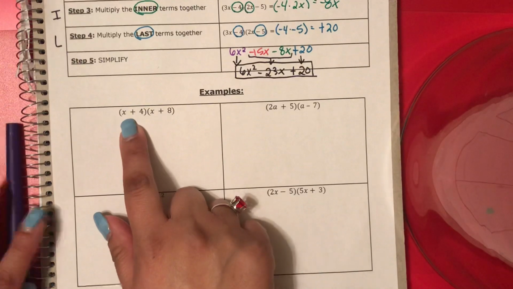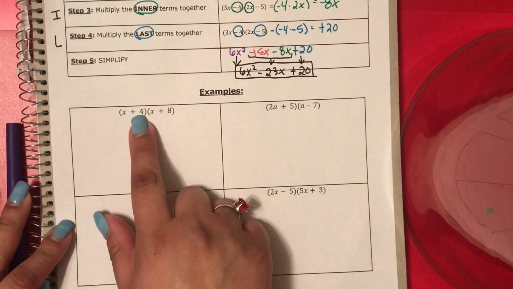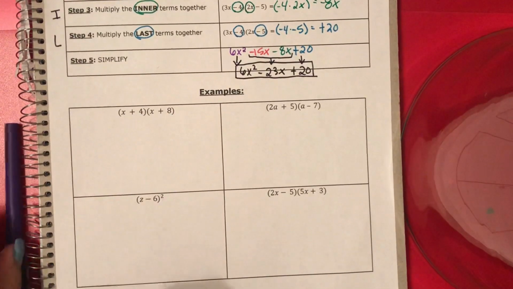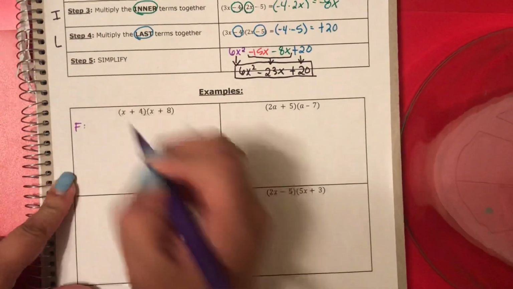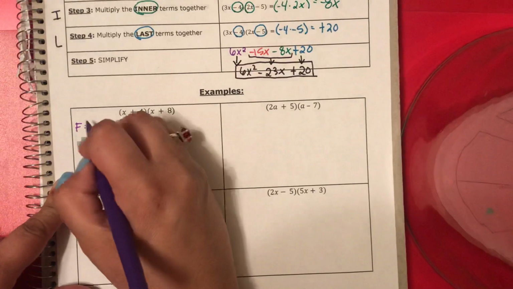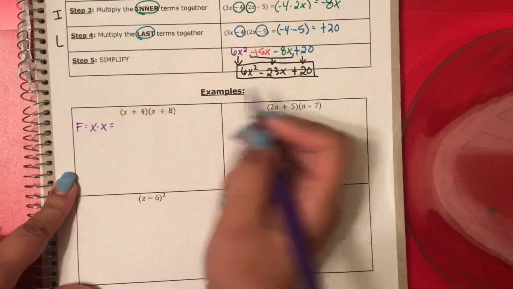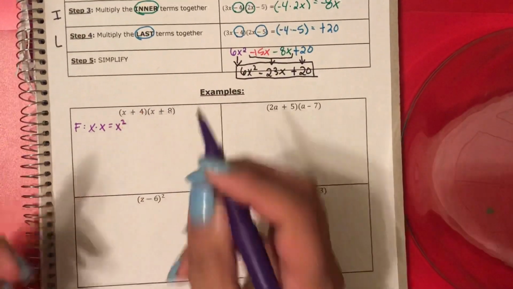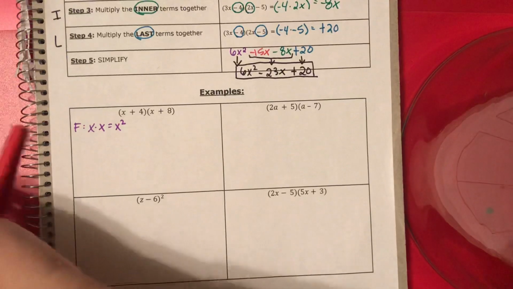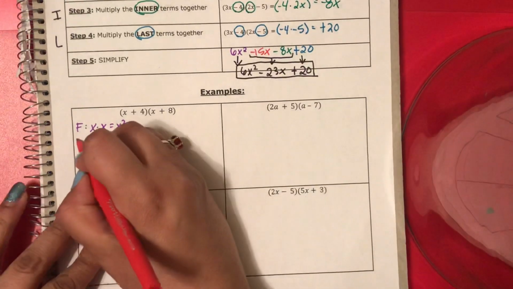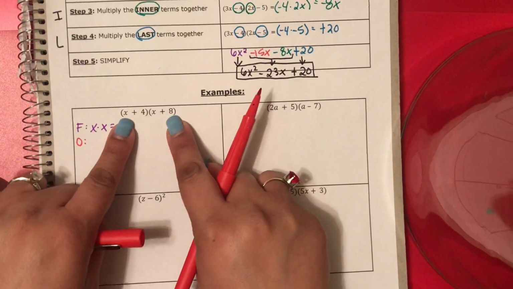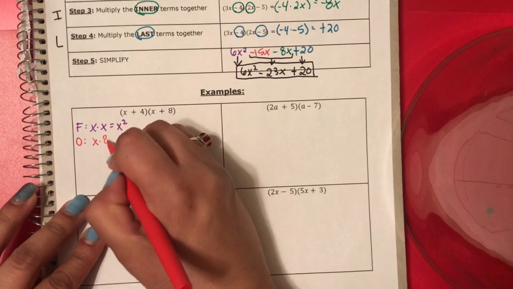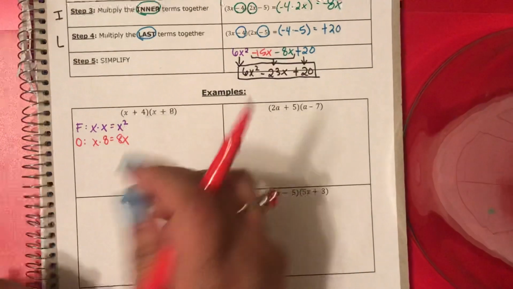So here's my problem, x plus 4 times x plus 8. I'm going to go through the FOIL steps. F is for first, so it's going to be x times x, and x times x gives me x squared. And then O for outside, so my outside terms, x times 8, gives me 8x.